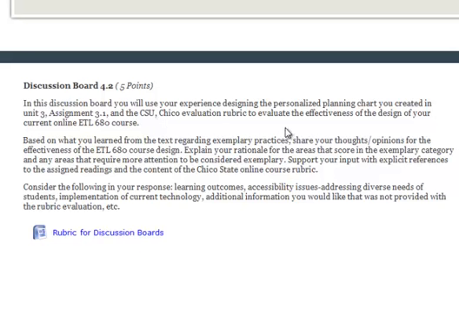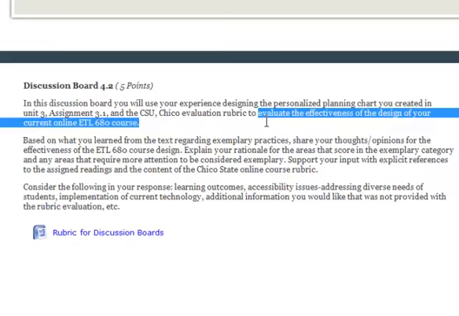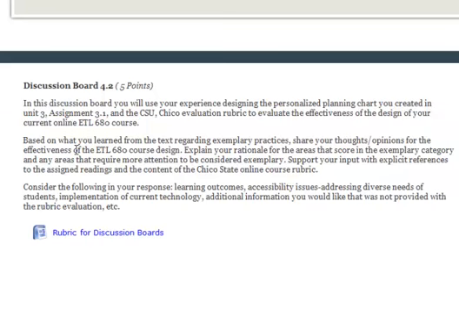They use that to evaluate the effectiveness of this course, the ETL 680 course in October. So based on what they learned from the text regarding exemplary practices, they share their thoughts and opinions on the effectiveness of this course design, explain their rationale for the areas that score in the exemplary category, and any areas that require more attention to be considered exemplary.